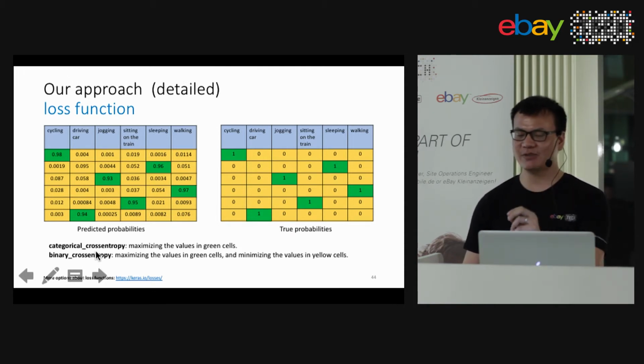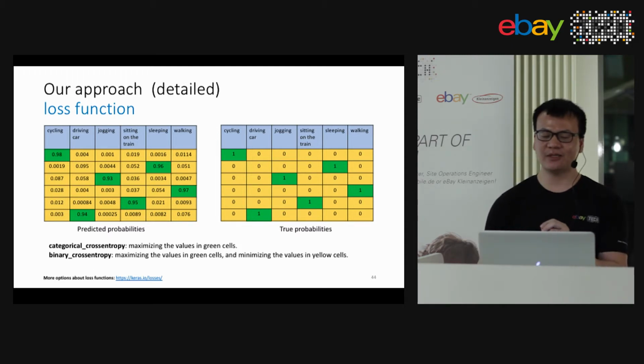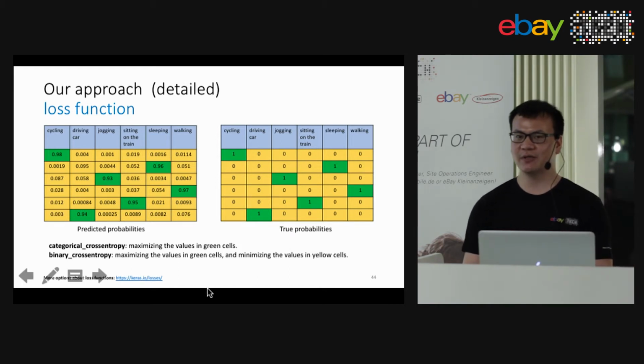The one extra thing is that it will also try to minimize these yellow values. So the binary cross entropy not only maximizes these green values, but also minimizes these yellow values. Any questions so far?